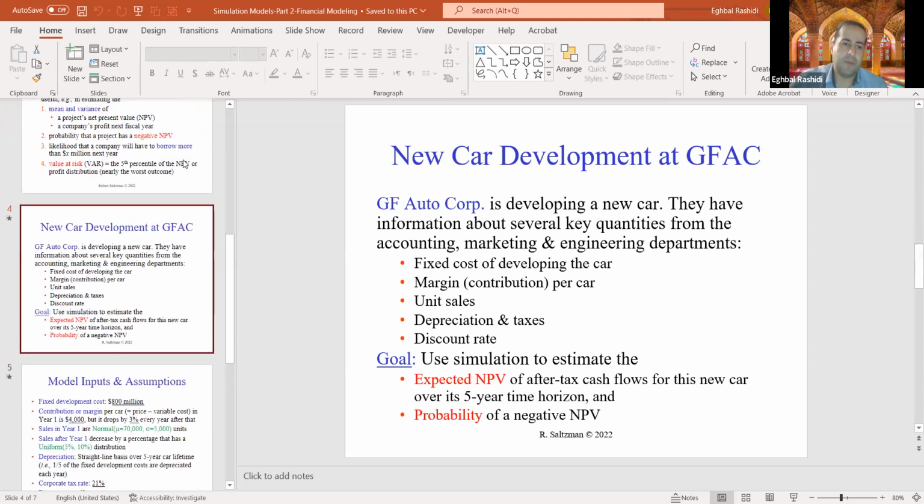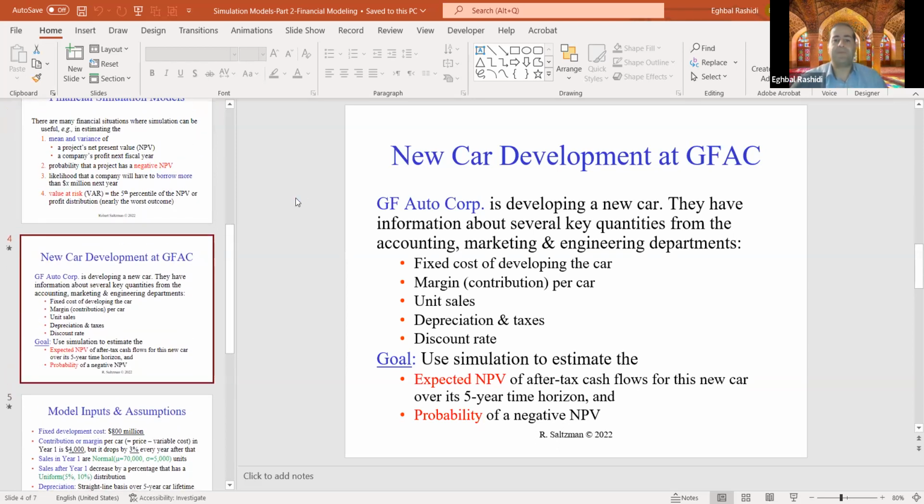So this is a problem that you want to work on. The new car development at a company called GFAC. So suppose that they want to introduce a new car, build a new car. They have estimated certain information and data based on consulting with their accounting, marketing, and engineering departments.